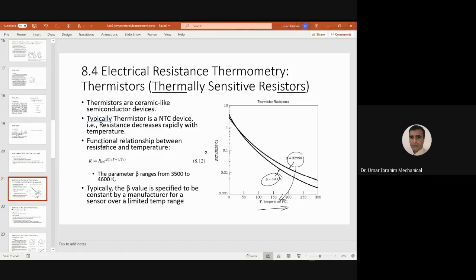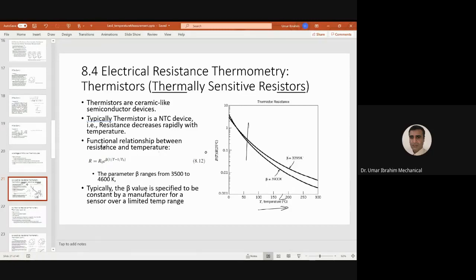So even though beta is a loose function of temperature and beta value changes as temperature changes, but the manufacturers will basically specify a limit on a thermistor device for which beta is assumed to be constant. And why is it assumed to be constant? Because the variation of beta is negligible or is very small, and we can ignore that variation and we can assume beta to be constant.